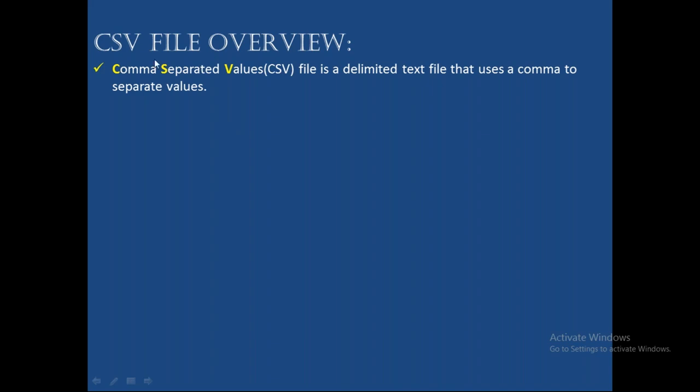That's why the file name is comma separated values. A comma separated values file is a delimited text file. What is a delimiter? A delimiter is nothing but a separator. It is a text file that uses a comma to separate the values. My name, then a comma, then location, comma, phone number. So each value you are separating with a comma.